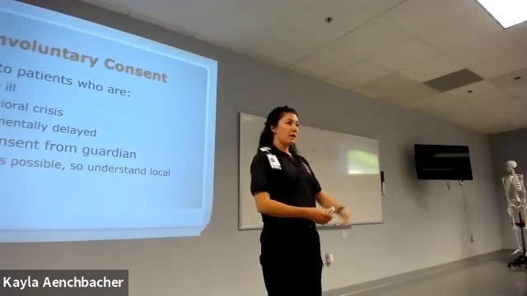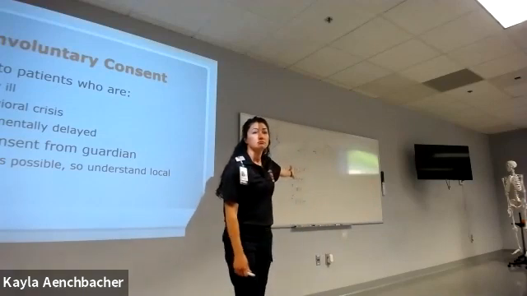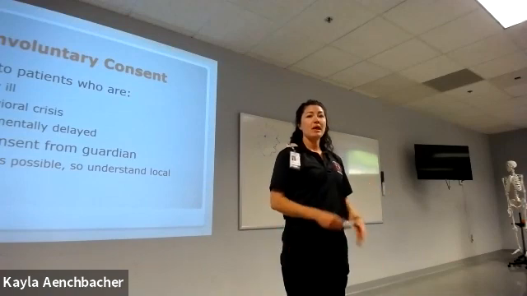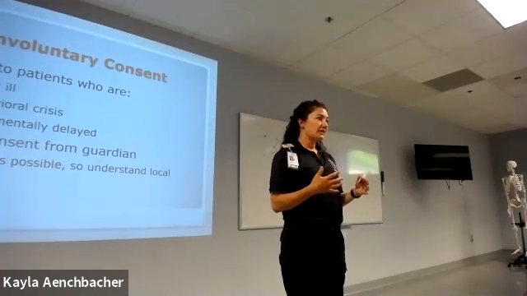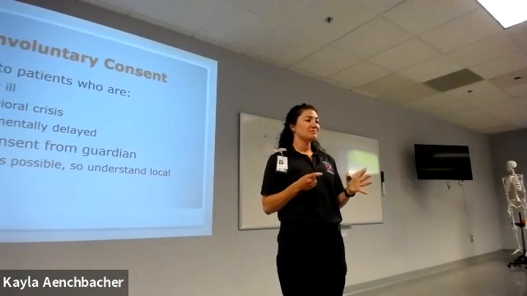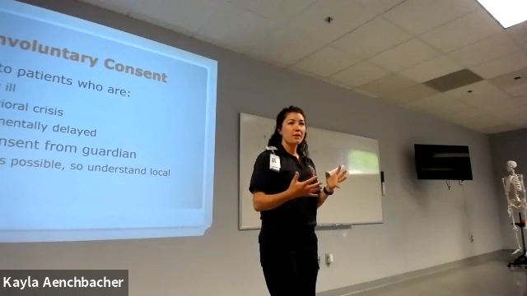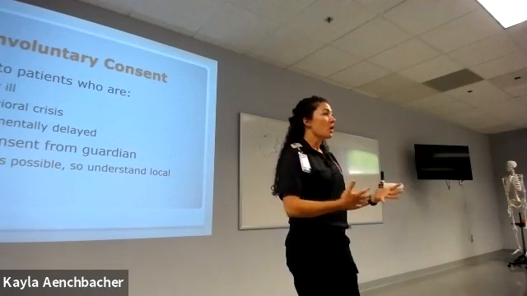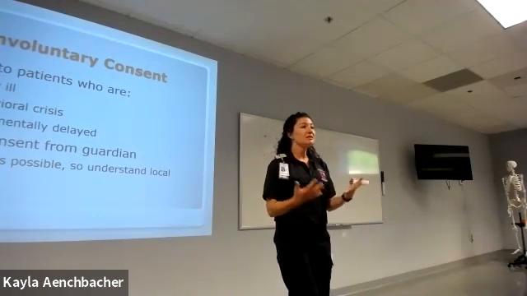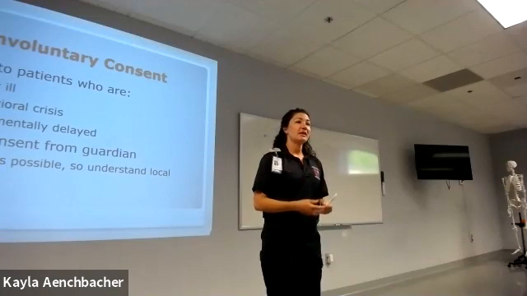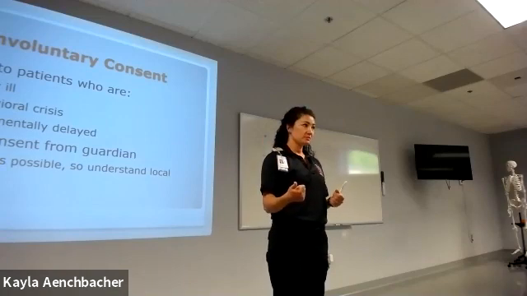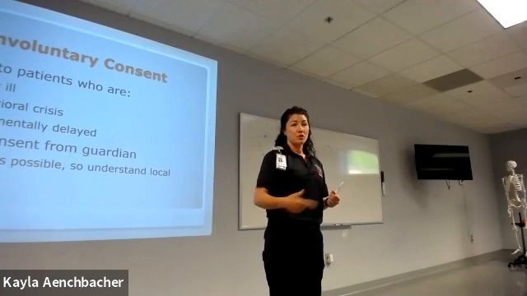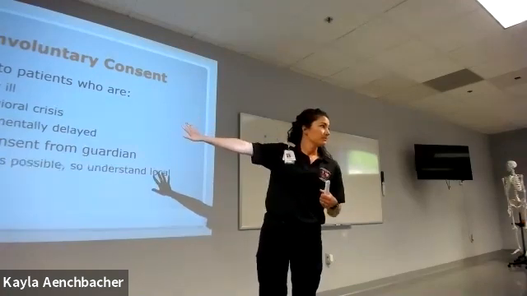We get there, my patient's A&O times 4. Totally responsive, totally appropriate to the questions I'm asking. But if I have any type of indication from my patient's responses or any texts I might see or anything like that, that indicates that they want to harm themselves or harm anybody else, we're in a different ballgame here, okay?